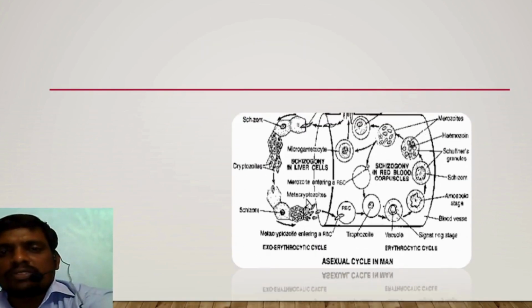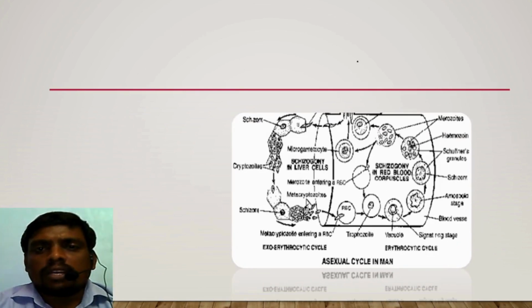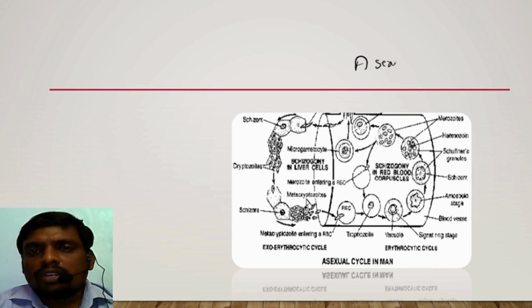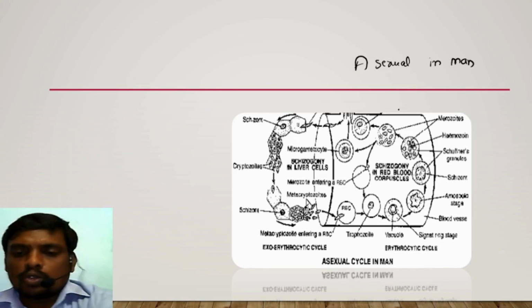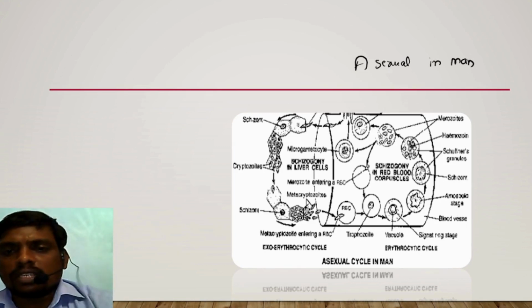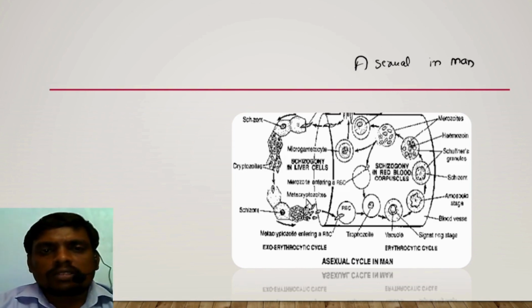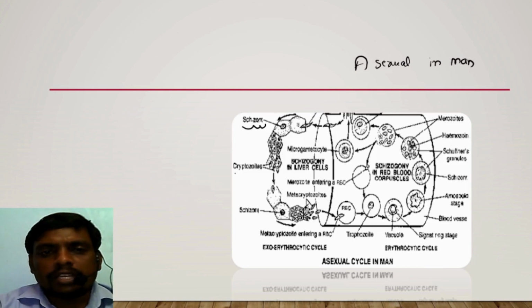Next, if you see the life cycle diagram, it looks like this: the asexual phase of Plasmodium vivax in human or man. The diagram is very important, and you can draw the diagram in the given part. You can see the schizont, how it looks, and here you can see the cryptozoites.